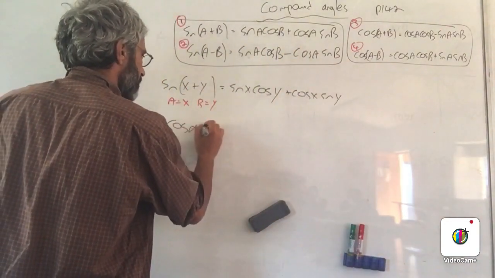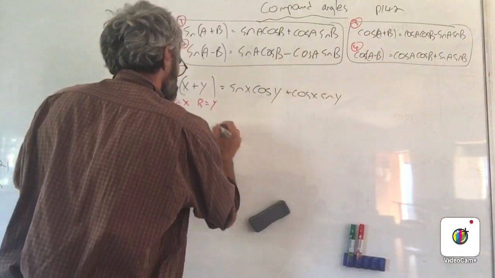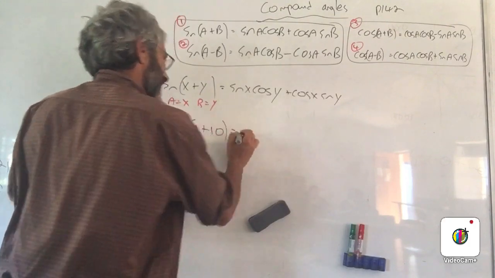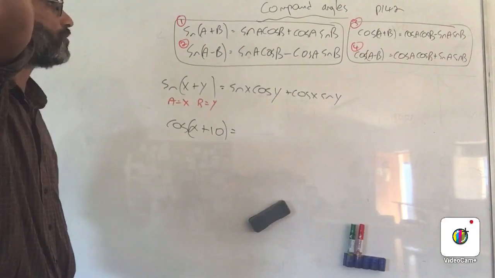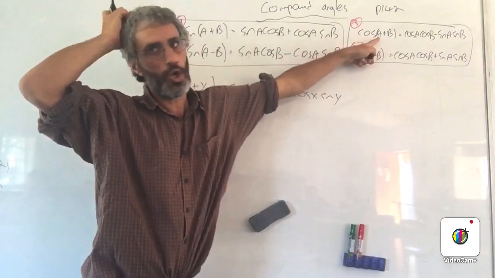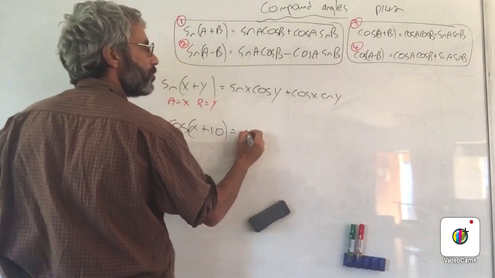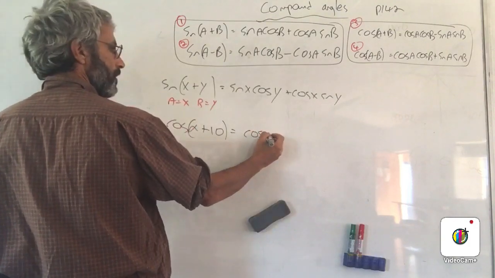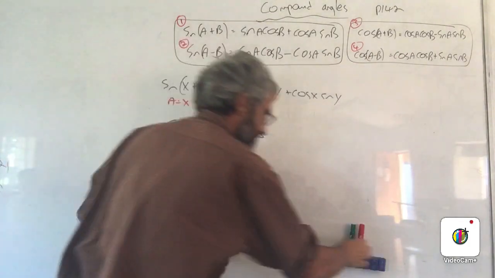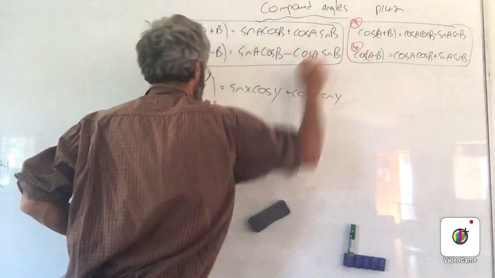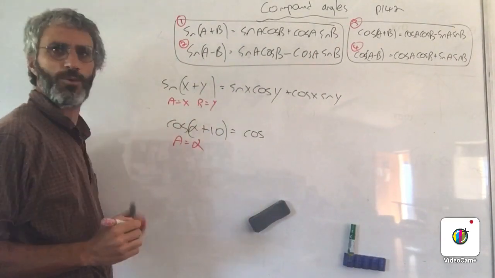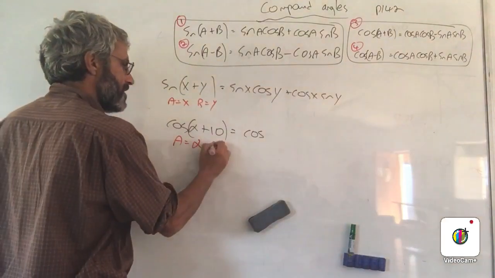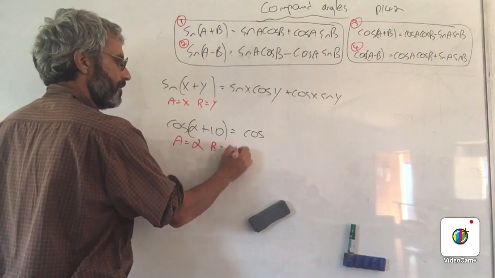Cosine of alpha plus 10. So here we go. Now we have a letter and a number. Let's expand. Which formula are we going to use first of all? 3. Cosine of a sum. Let me write it again. In this case, A is equal to alpha, and B equals 10.